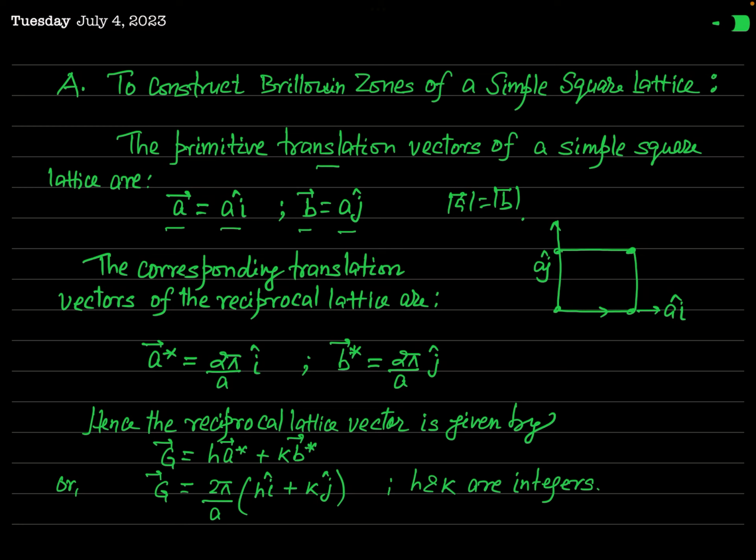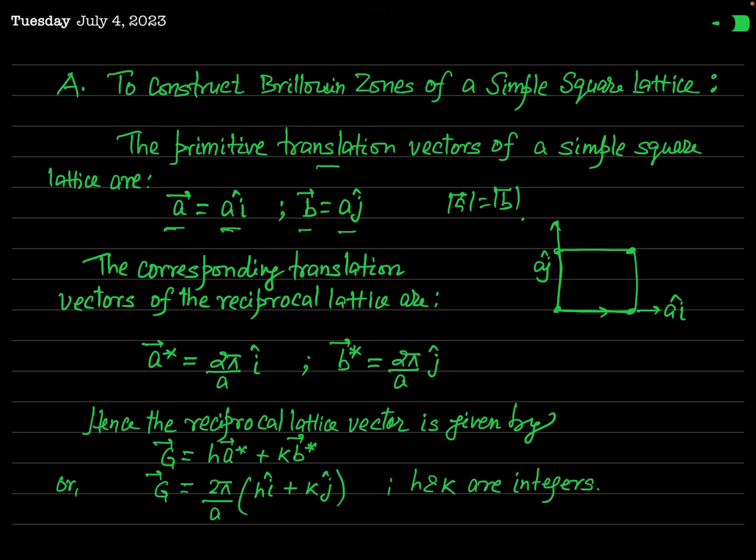So this is your first primitive translation vector a i, and this is the second primitive translation vector a j. Since the lattice is two-dimensional, there will be no a k. Okay, and these are the translation vectors of the direct lattice.